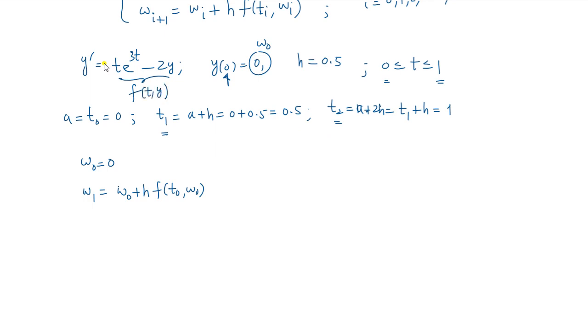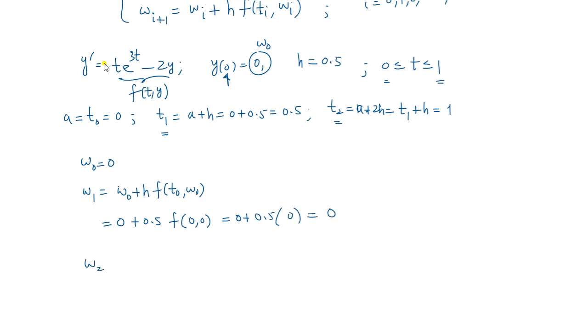If you want, you can put the values here, but anyway, w naught is 0 plus h is 0.5 and f of t naught, w naught. What is t naught, w naught? t naught is 0, w naught is also 0. So this will give you 0 plus 0.5 times f of 0, 0, which will remain 0. Okay, so your answer is 0.